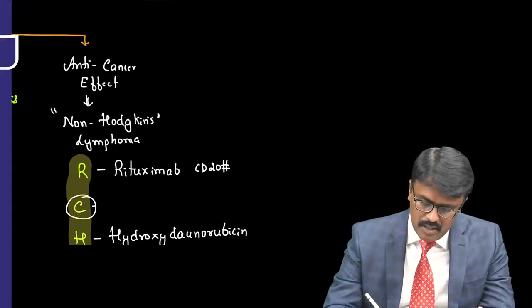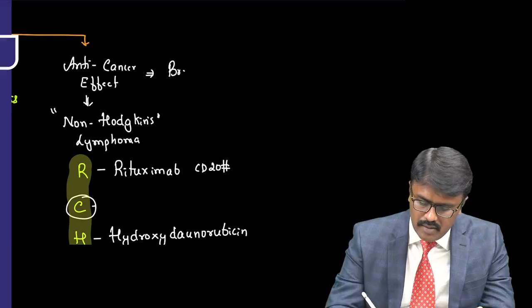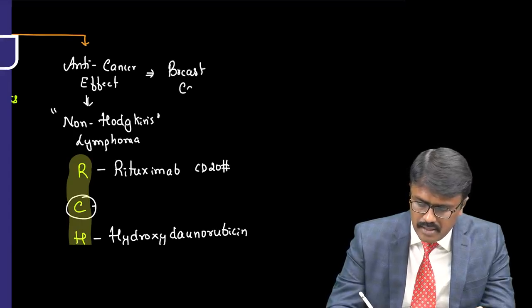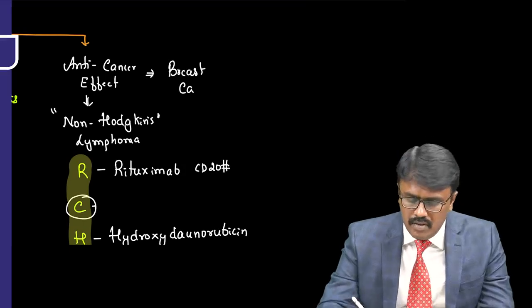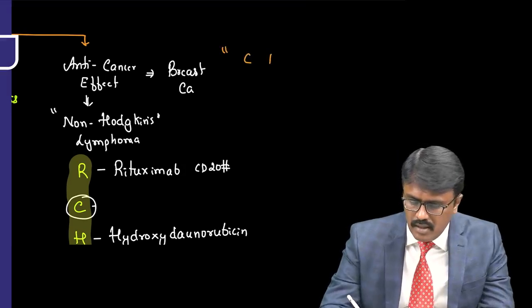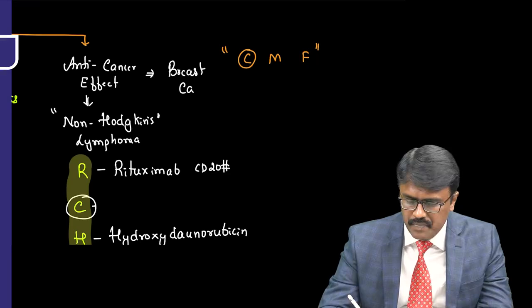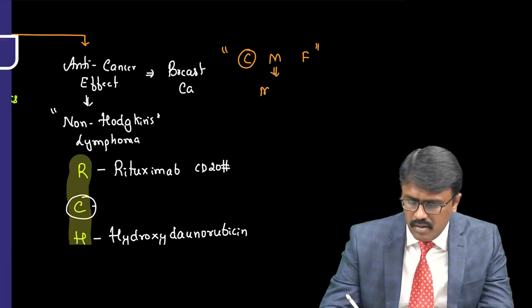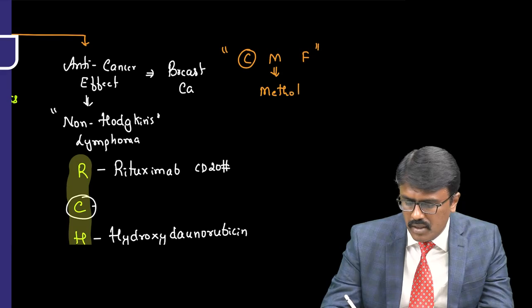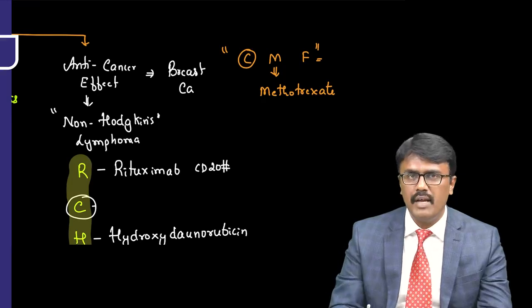Cyclophosphamide is also used as an anti-cancer drug for another cancer called breast cancer. In breast cancer, we use a regimen called CMF. Sir, what is C for? Yes, that is cyclophosphamide. What is M for? The drug methotrexate. And F stands for 5-fluorouracil.